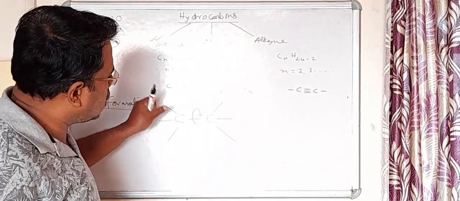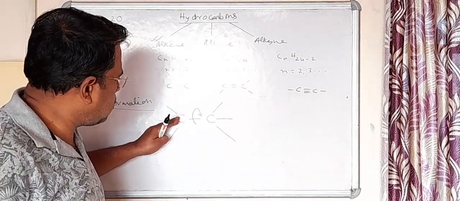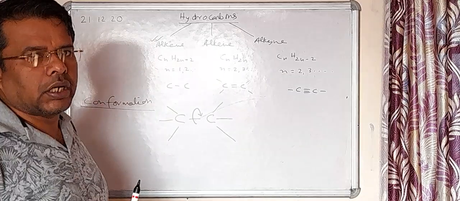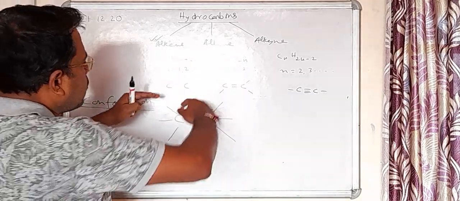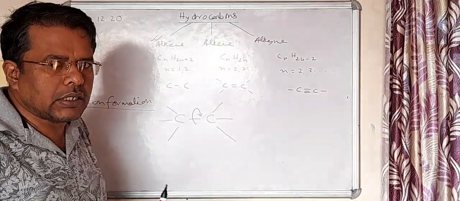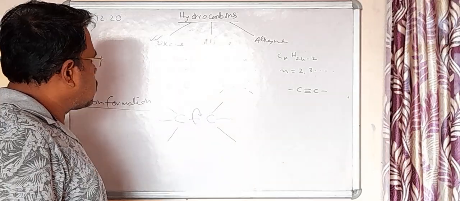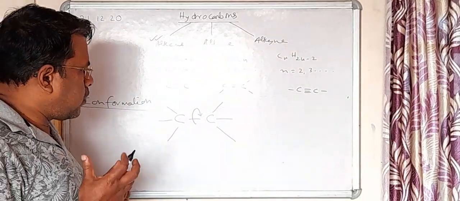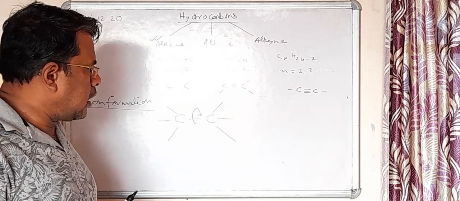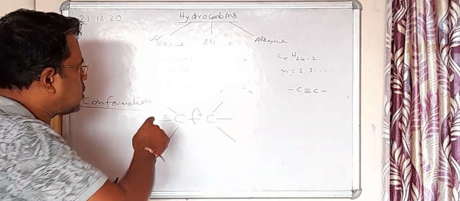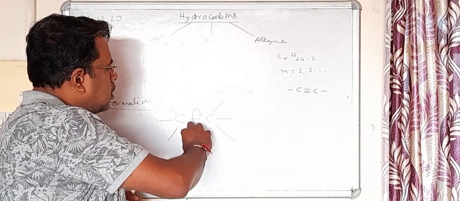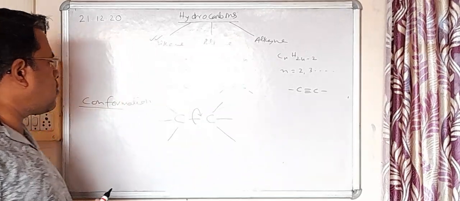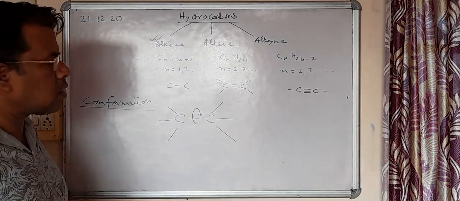We have to imagine this way: one carbon atom remains fixed and the other carbon atom rotates. So conformation means different forms of a molecule that we get due to carbon-carbon sigma bond free rotation are called conformers, and the phenomenon is called conformation.